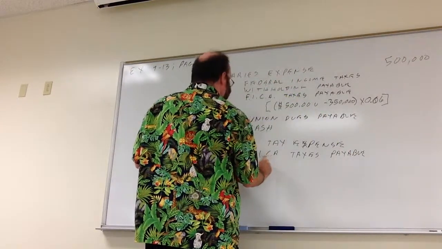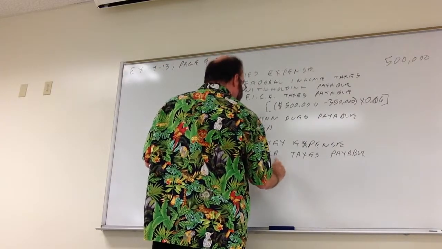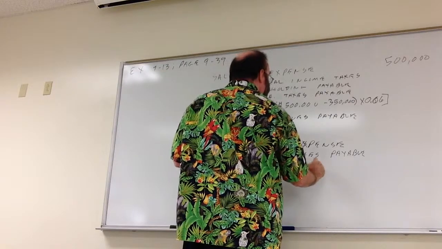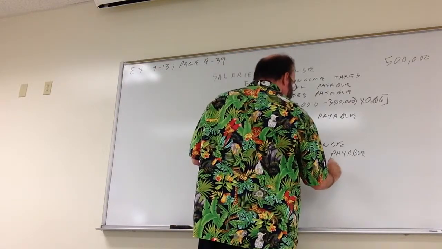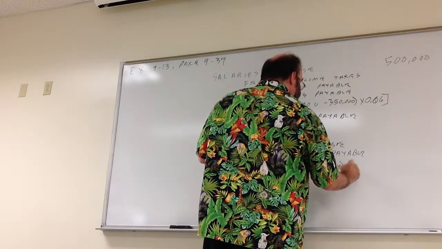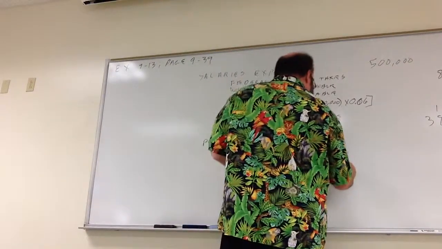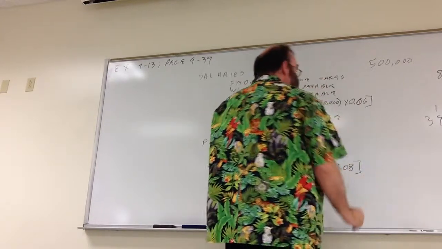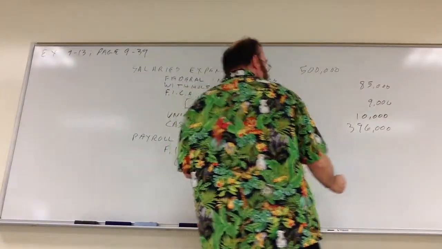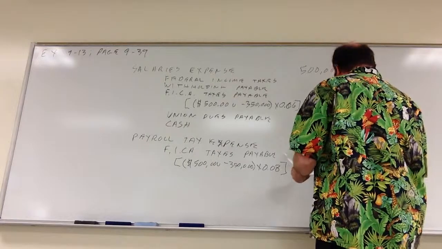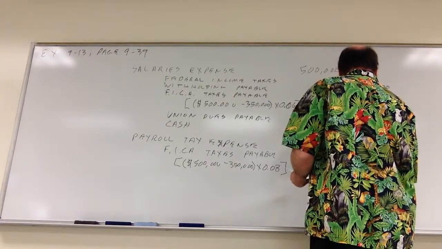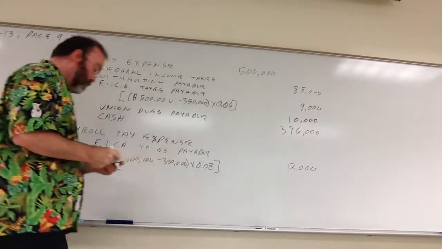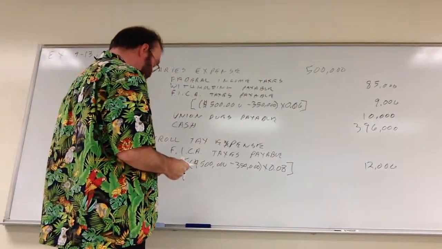In this case, the FICA was the 500,000 minus the 350 limit, and the employer was paying 8%. So we're doing the calculations for the credits first, and then when we add all that up, you'll get what the total payroll tax expense is.